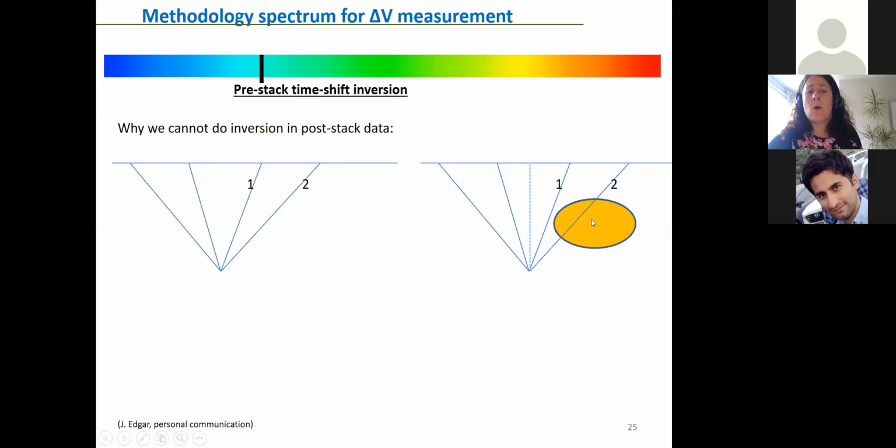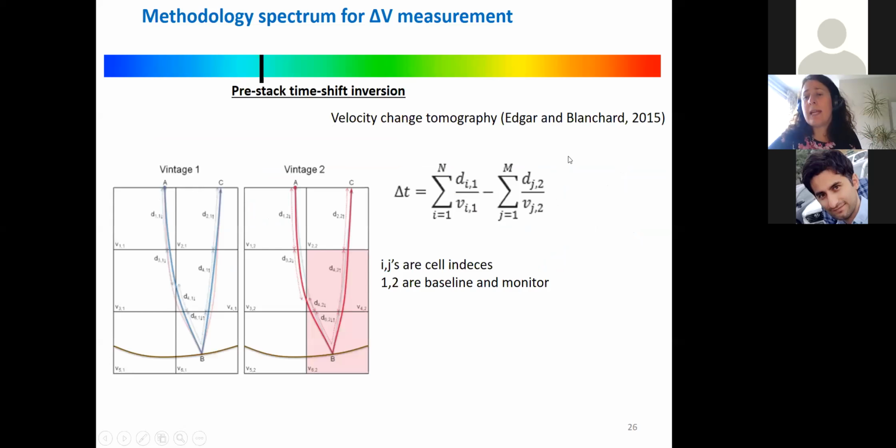So what Edgar and Blanchard suggested was to do pre-stack time shift inversion using what they call velocity change tomography. They parameterize the space into this grid, and they look at all these IJ cell indices, and 1 and 2 are your baseline and monitor.